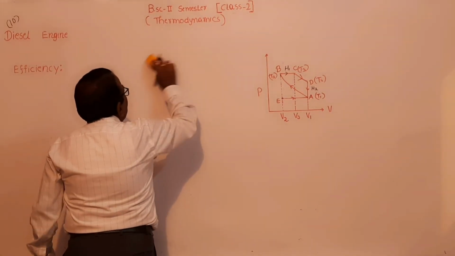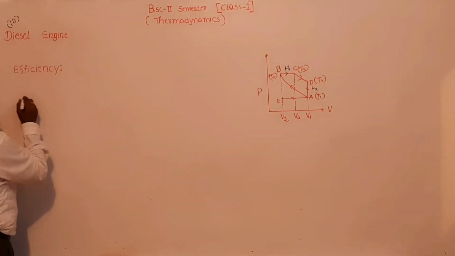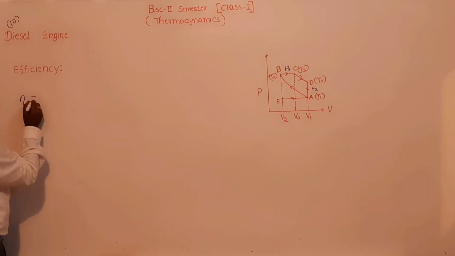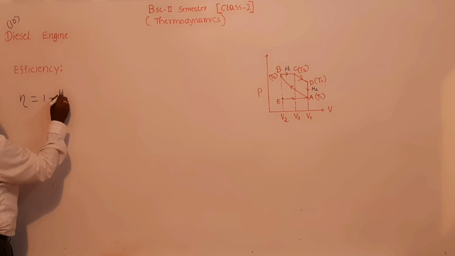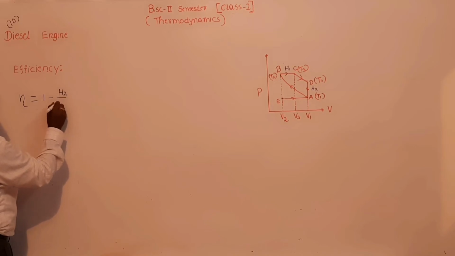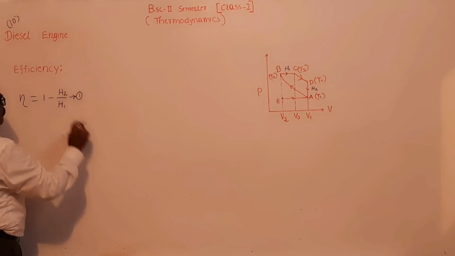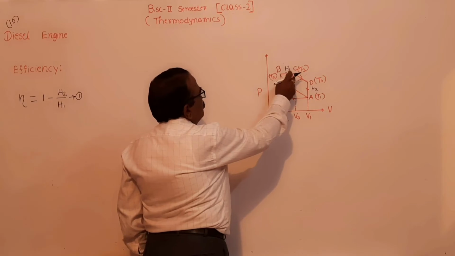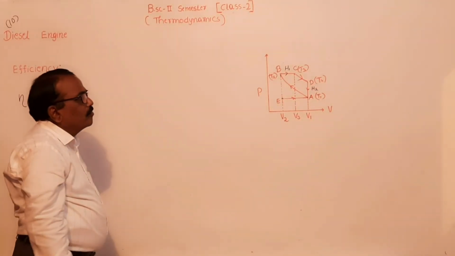Now, in the same manner, you know the expression for efficiency eta is given by 1 minus H2 upon H1. Call this equation 1. H1 is the amount of heat absorbed, H2 is the amount of heat rejected.